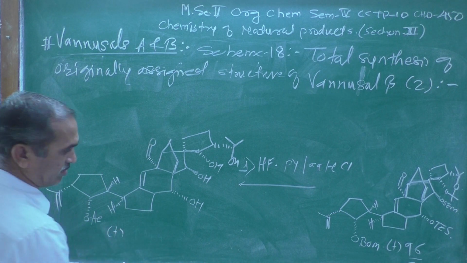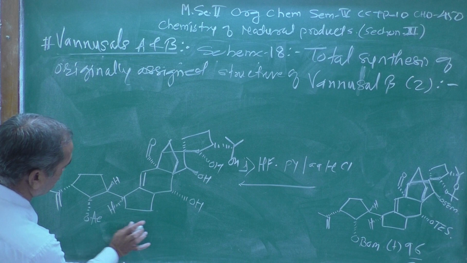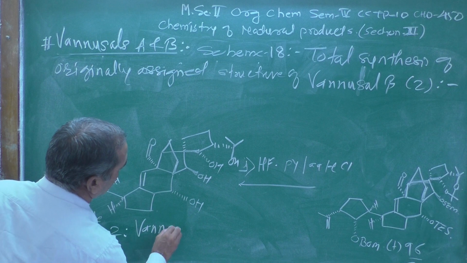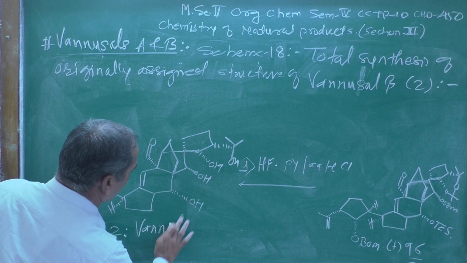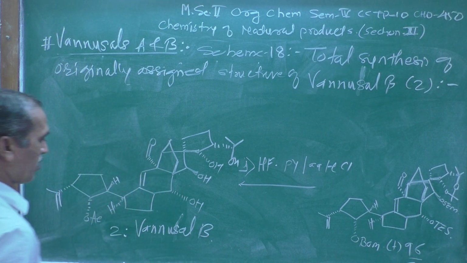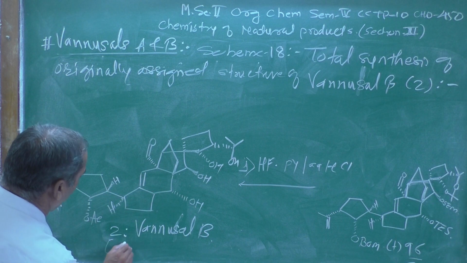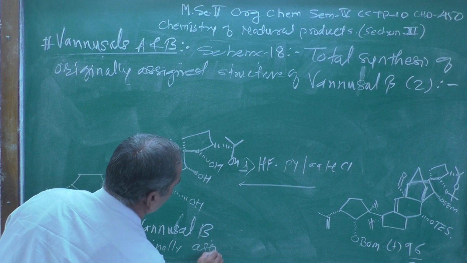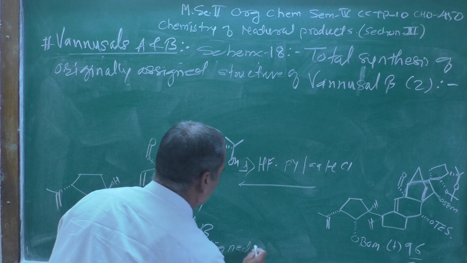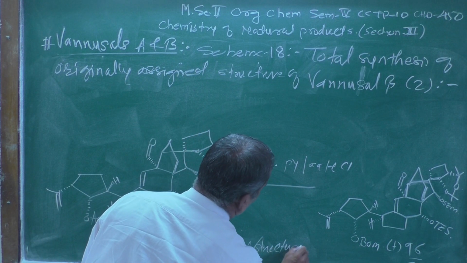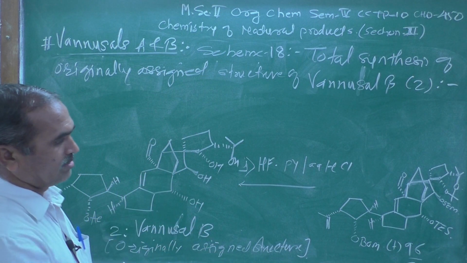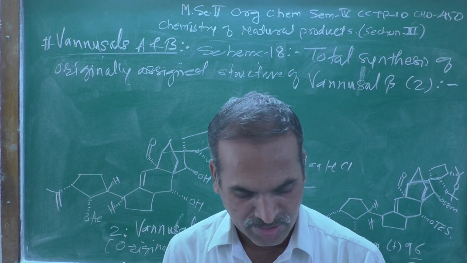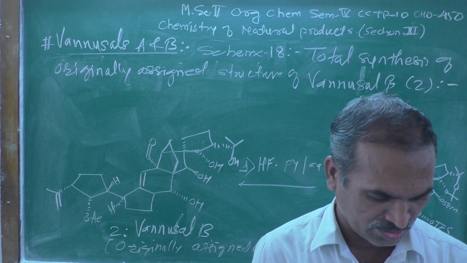That is structure number 2, which is Vanucell B, the originally assigned structure that I have represented on the blackboard. You can clearly see how I got that originally assigned structure over here.